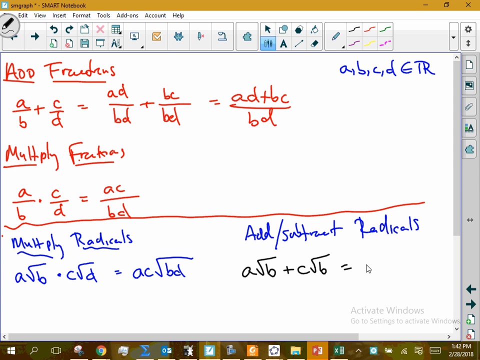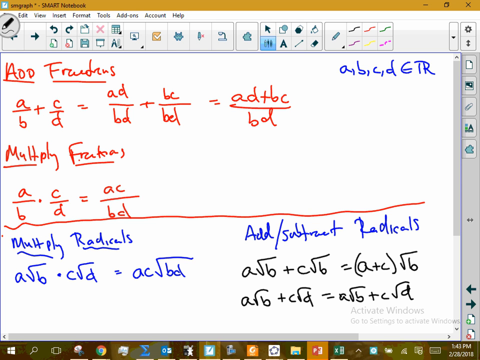When that's the case, I can rewrite this as A plus C radical B. If they are different, for instance, I have A radical B plus C radical D, then my answer is A radical B plus C radical D. I cannot condense it any further than that. Those are the ways that we add and subtract radicals. If it was subtraction, the A plus C just turns into A minus C.